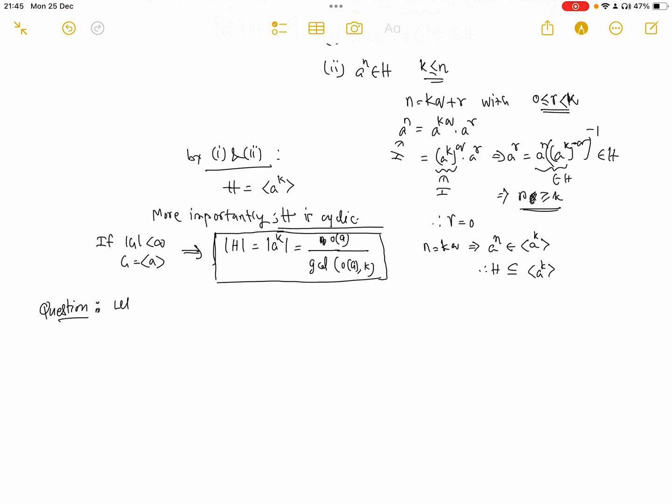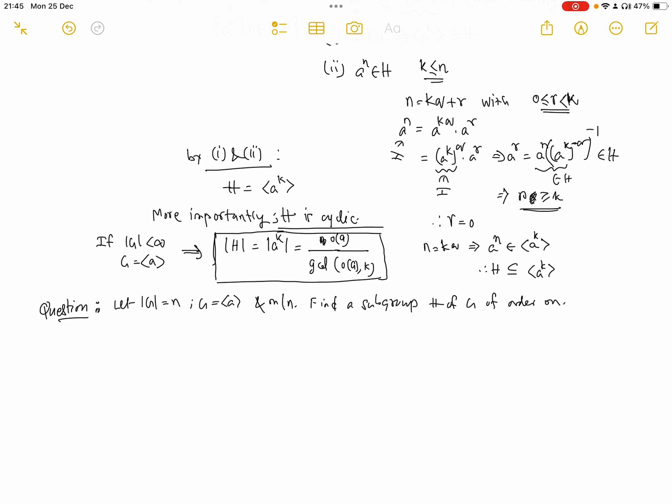So the question is, say the order of G is n, G is cyclic generated by A, and m is a divisor of n. Can you find a subgroup H of G of order m?